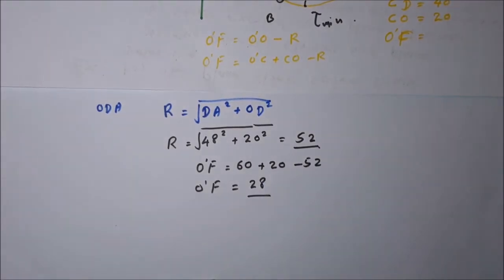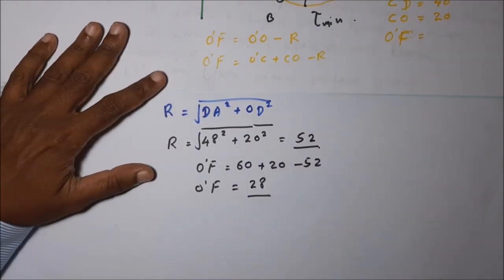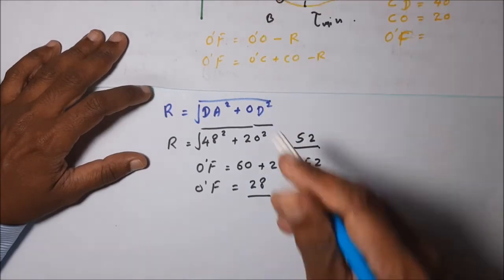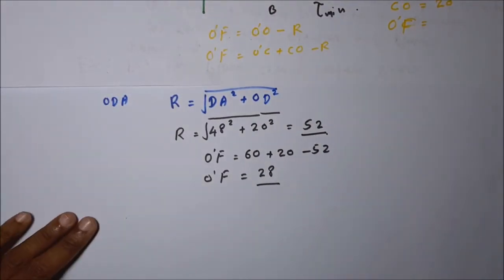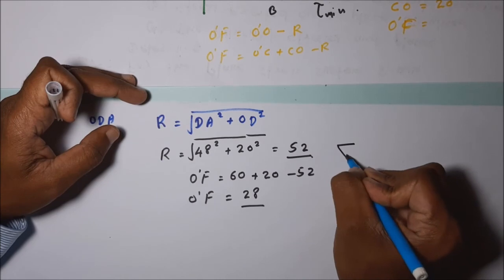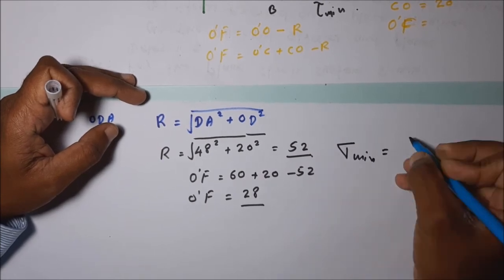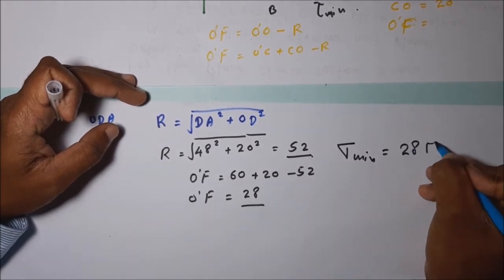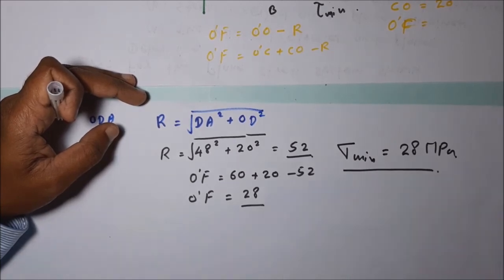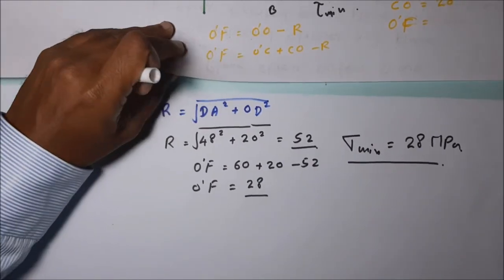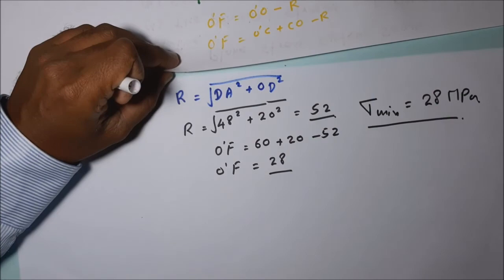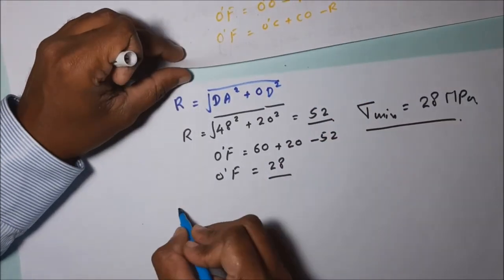But O dash F length means this point is representing the minimum stress. So we can directly say sigma minimum is equal to 28 megapascal. Okay, 28 megapascal.